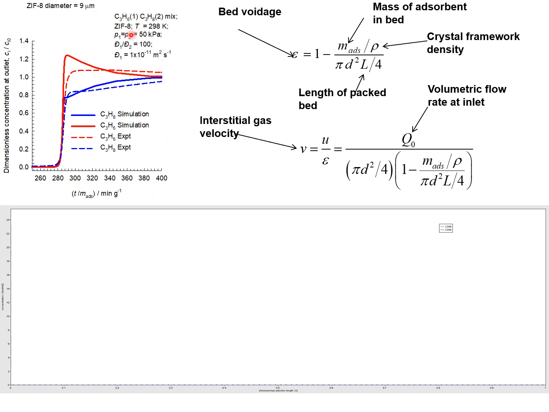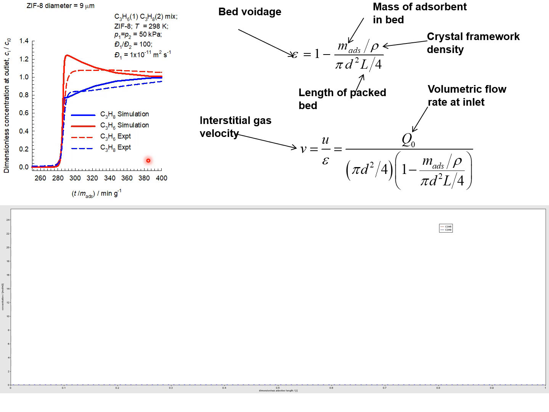These experiments described in the ACS Nano paper that is just available online were conducted for 50-50 mixtures at 298 Kelvin with partial pressures of 50 kilopascal each for propene and propane. The flow rate of the gas mixture at the inlet is 0.4 milliliters per minute.